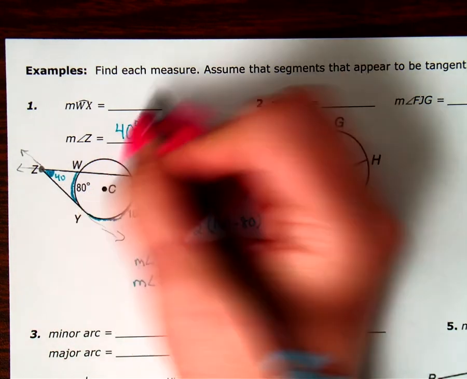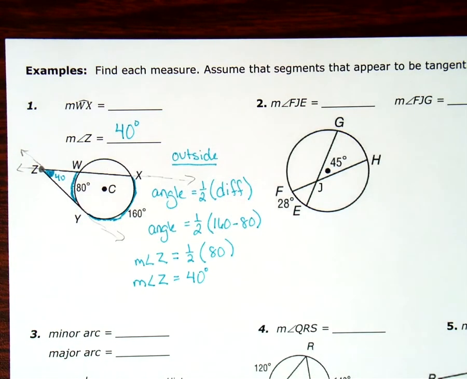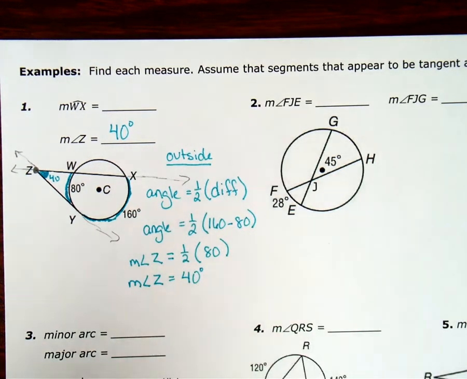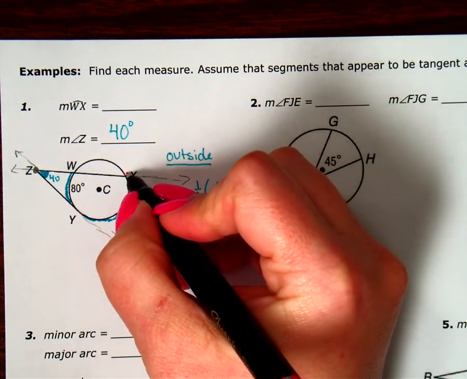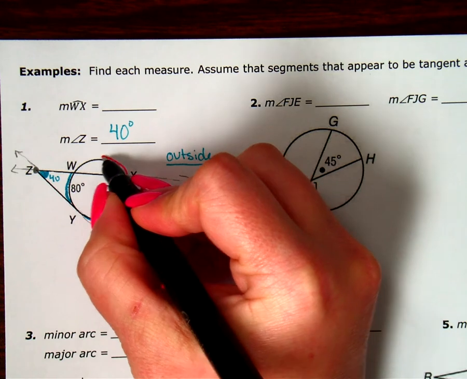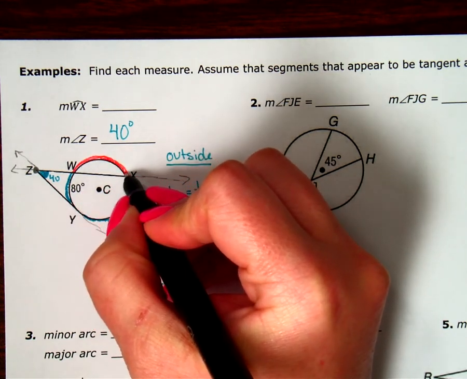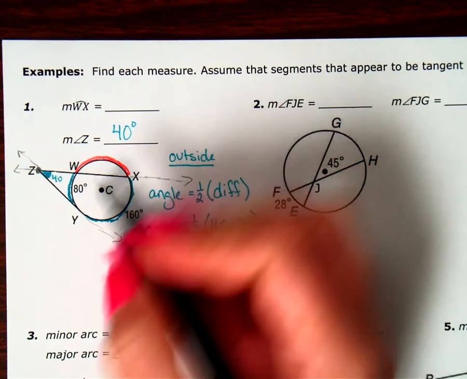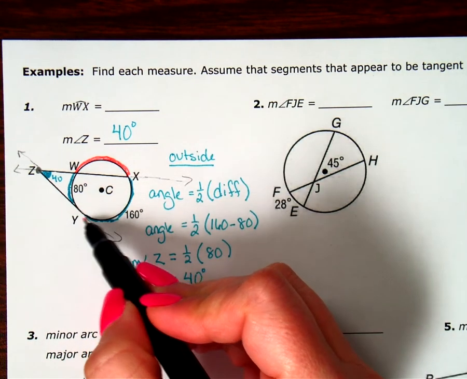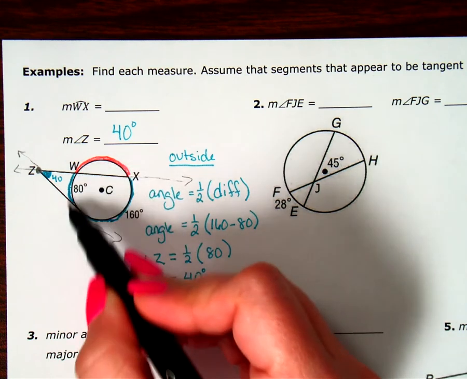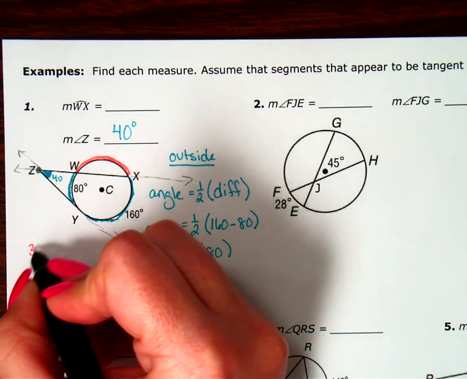This one also wanted me to find the measure of arc XW. So arc XW is the rest of that circle, right? If I look at XW, I know it's the short way around because it's only 2 letters. It takes a 3rd letter to go the long way around. So it's the short way. I've already used 80, and I've already used 160 out of the whole circle. My whole circle is 360.